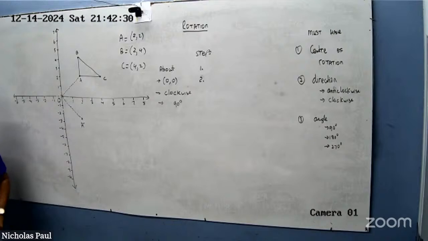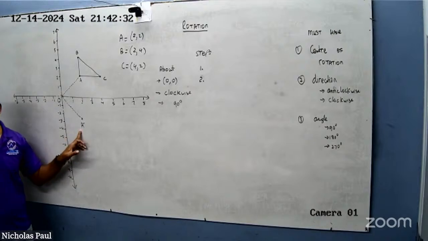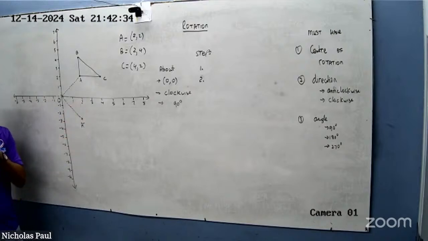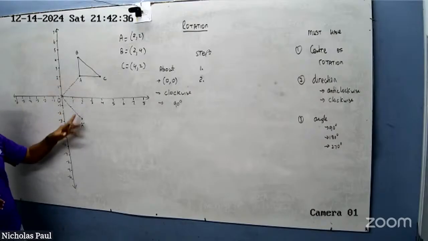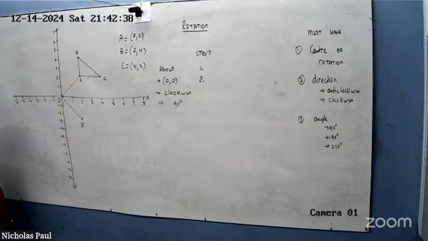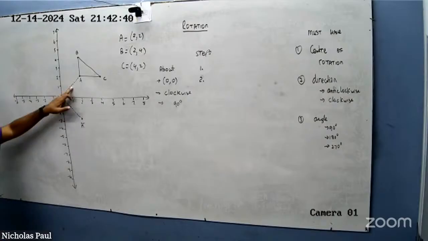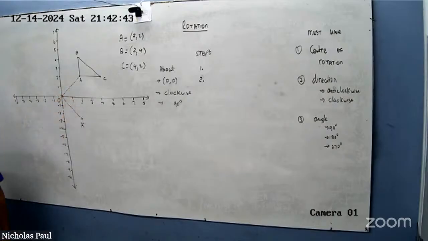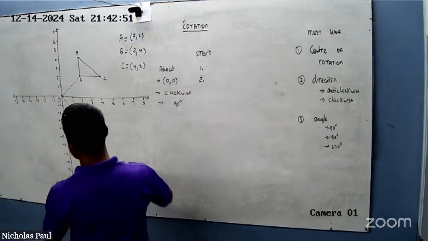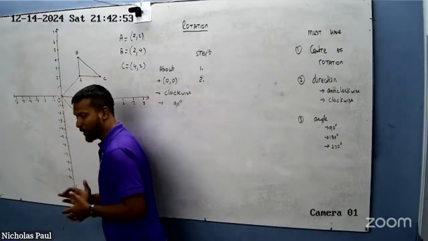If you do it perfectly, A prime should be at a proper coordinate, not in between. So if you have 2, 2, it might be at 2, minus 2. Please make sure the length of this line and this line are the same, otherwise you will not get the point.